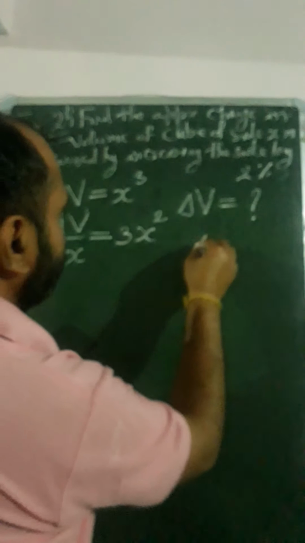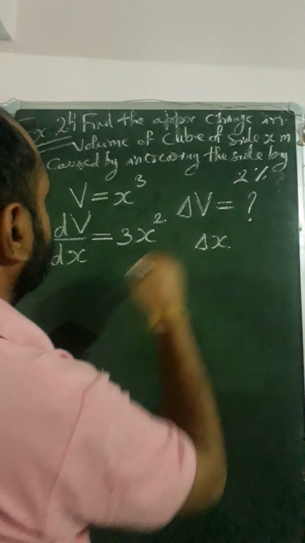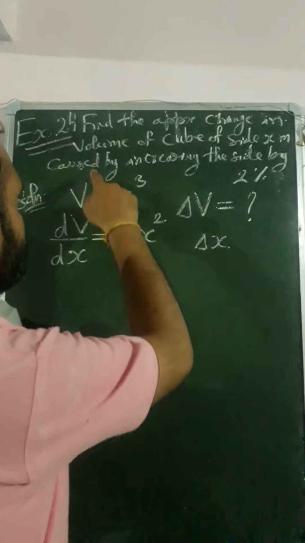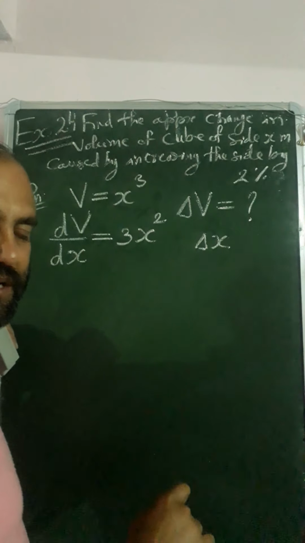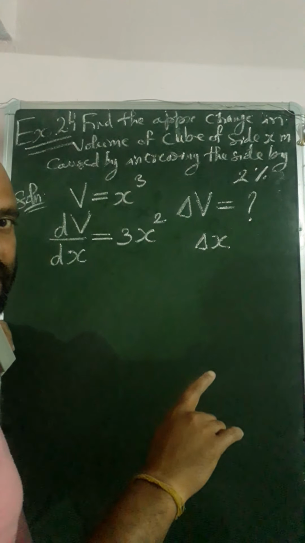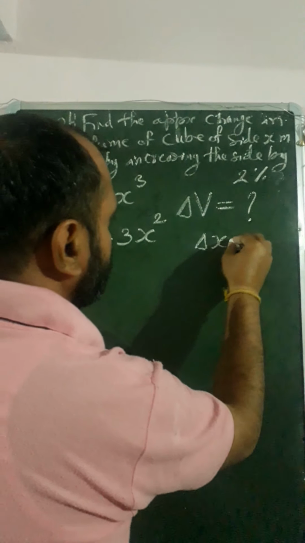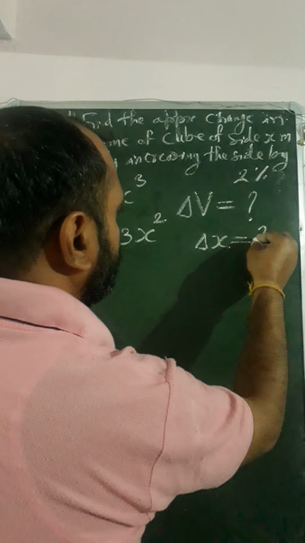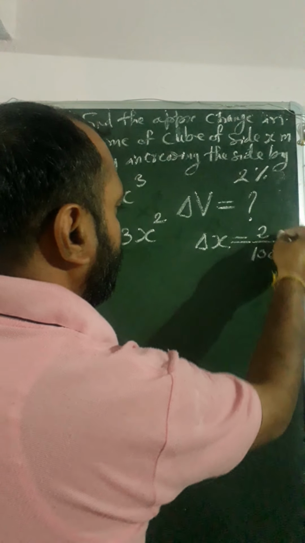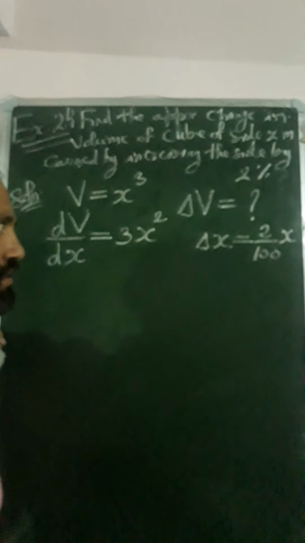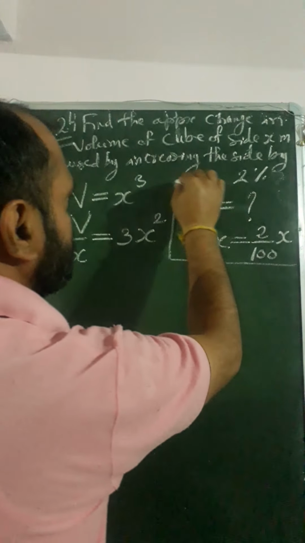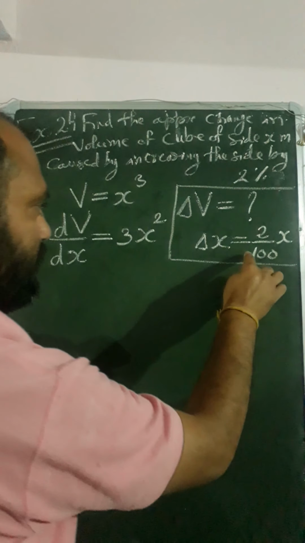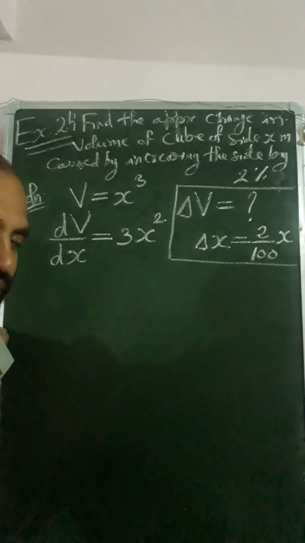And it is given that the side x is increasing by 2%. So delta x is 2%, meaning 2 upon 100 x, right? So this is the change in x, that is delta x. So delta x is given, and delta V you have to find.